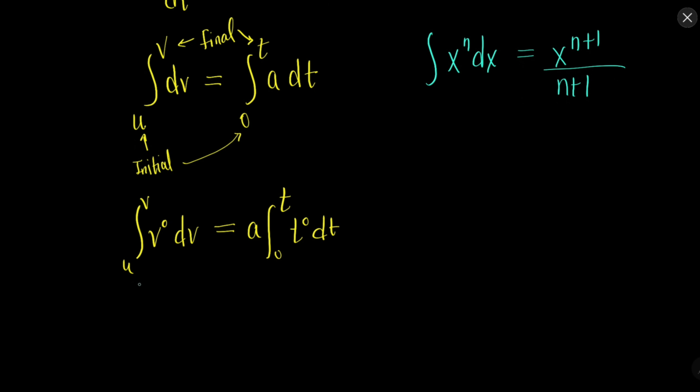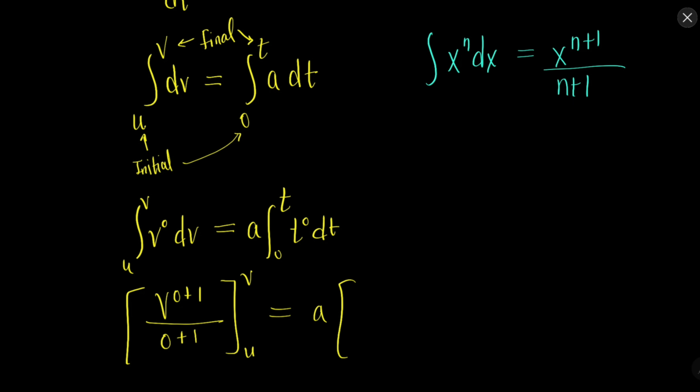After this the integration is quite simple, v to the power 0 plus 1 upon 0 plus 1. And one important thing, we have two limits here, going from u to v, so we will write it like this. Similarly a is the constant which will come out, and t will be t to the power 0 plus 1 upon 0 plus 1, because here the value of n was 0. In this situation the value of n is 0.